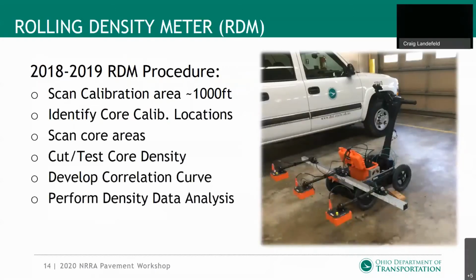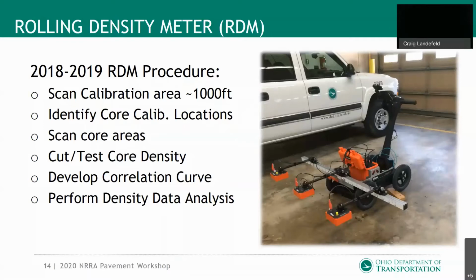So some of the basics for how we've been operating the unit. In 2018 and 19, we did our first projects with the RDM. Our procedure then was basically we would come in and scan about a 1,000-foot area of the pavement, and once we got that 1,000-foot scan, we would go back into the unit and have it report some low, medium, and high dielectric areas that were potential core locations.